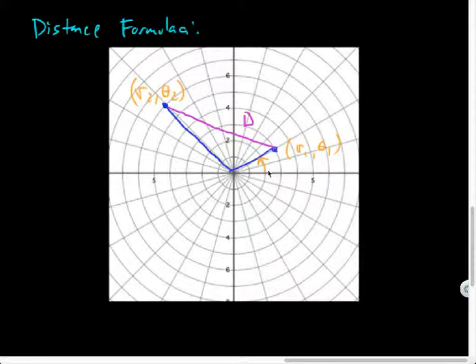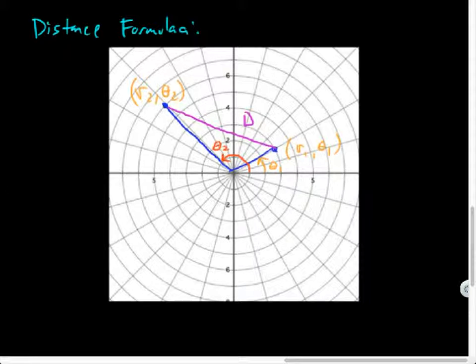So what is this angle here? Well, yeah, 30 degrees in this case, or theta 1, generically speaking. You're right. And what is this angle here, generically speaking? This is theta 2.